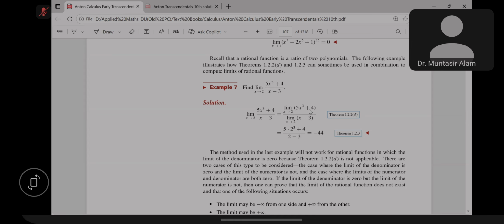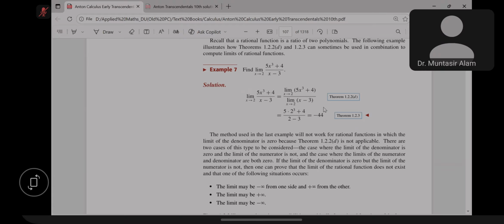You have to apply the limit both in the numerator as well as in the denominator. In each case, you get two limiting values and then taking the ratio will give you the final limiting value of the given function. But in problems like this, you have to make sure that the limiting value of the denominator is not equal to 0. Otherwise, you cannot apply the rule here.